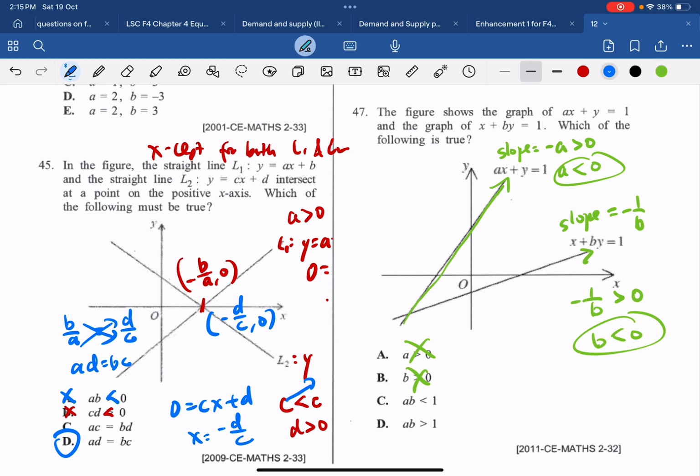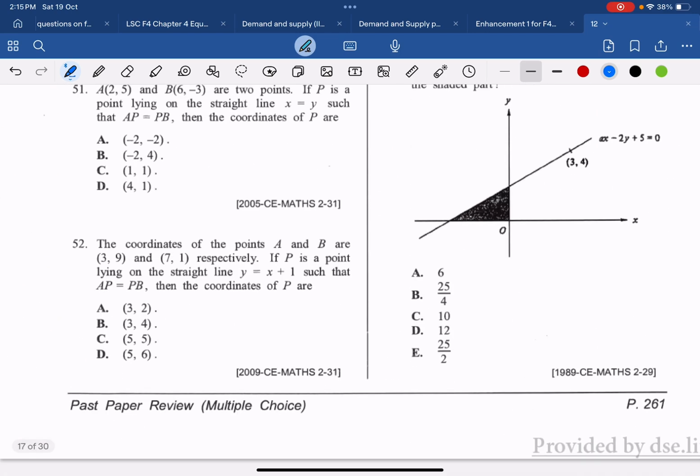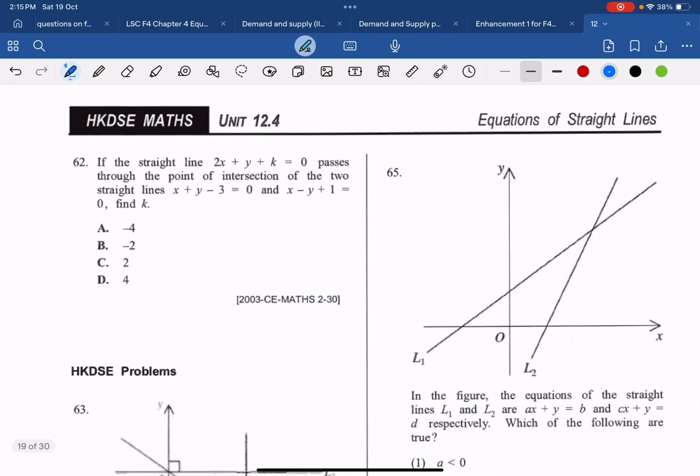Can you see that both a and b are negative, right? Negative times negative must be positive, so it should be D. 因為如果你 AB 細過1係咪包啲負數落去？但係 A 係負數，B 係負數，負負一定得正啊嘛，所以 AB 一定要係正數咯，所以就係 D 啦.